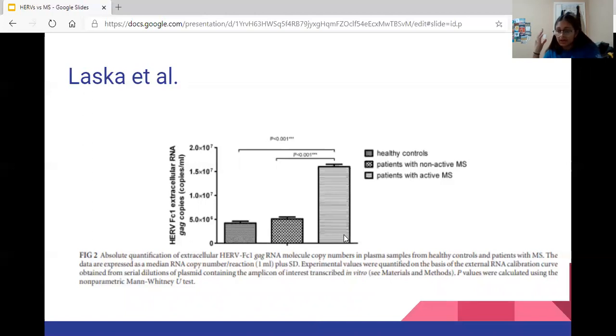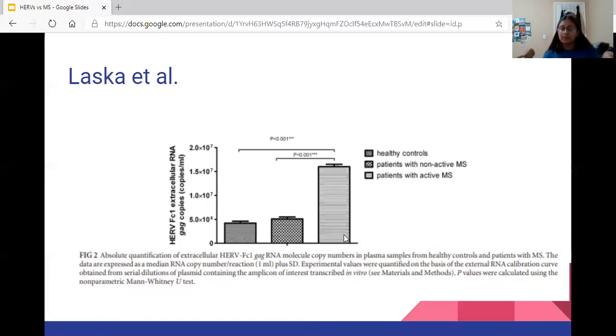This brings in another interesting point of thought: people with non-active MS do not seem to have large amounts of GAG proteins. It's only people that have active demyelination occurring rather than stable. Stable just means that there's no demyelination. Demyelination has happened at some point, but at this point, there is no further demyelination happening.